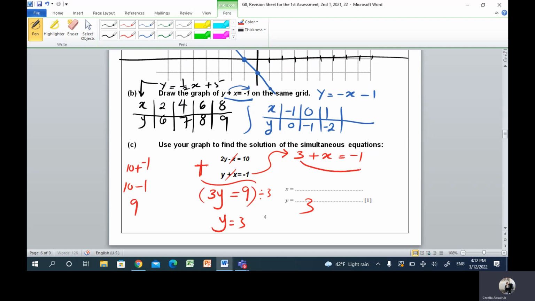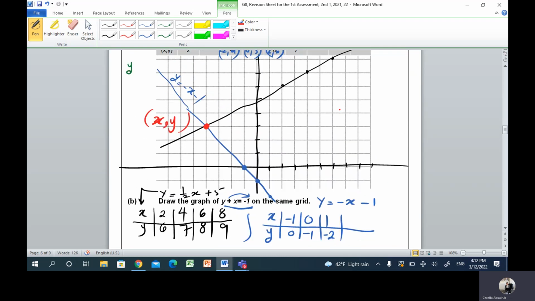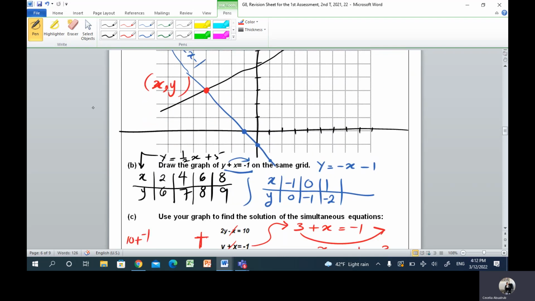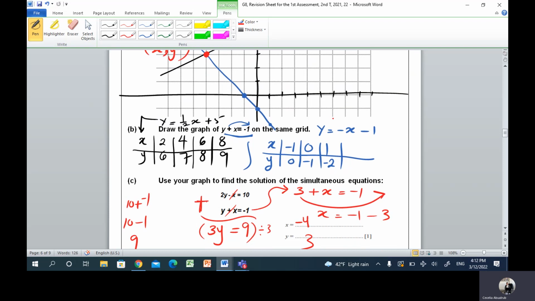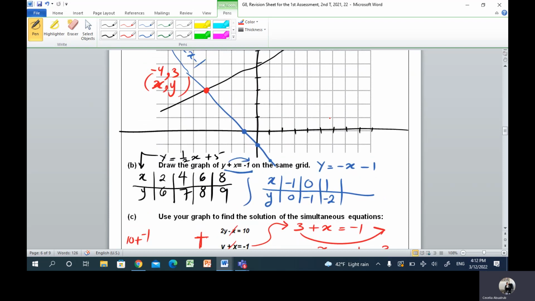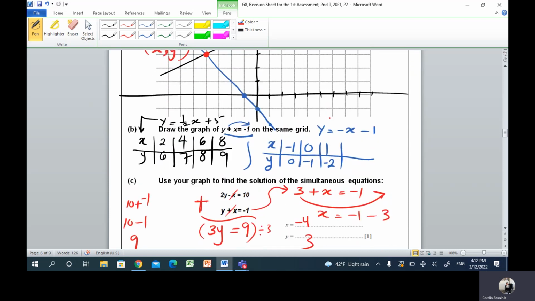So I'm going to send the 3 to the other side, so x is equal to -1 minus 3, and x will be -4. So if you draw this accurately using a ruler, you will find this point as -4, 3. Or, like I said, you can always solve it algebraically.